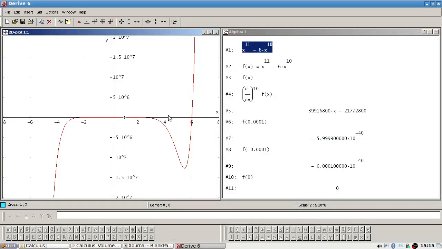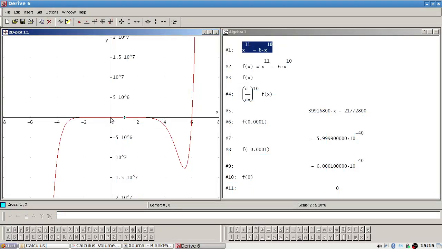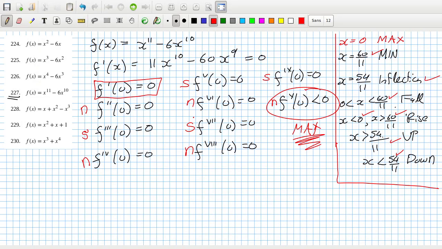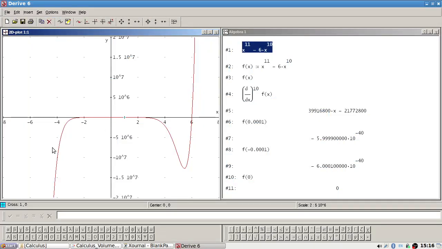Inflection at 54 over 11. So this one is switched from being concave to convex. That looks right. 0 to 6 is falling, looks right. But less than 0 and more than 6, it's rising. So it's rising here.